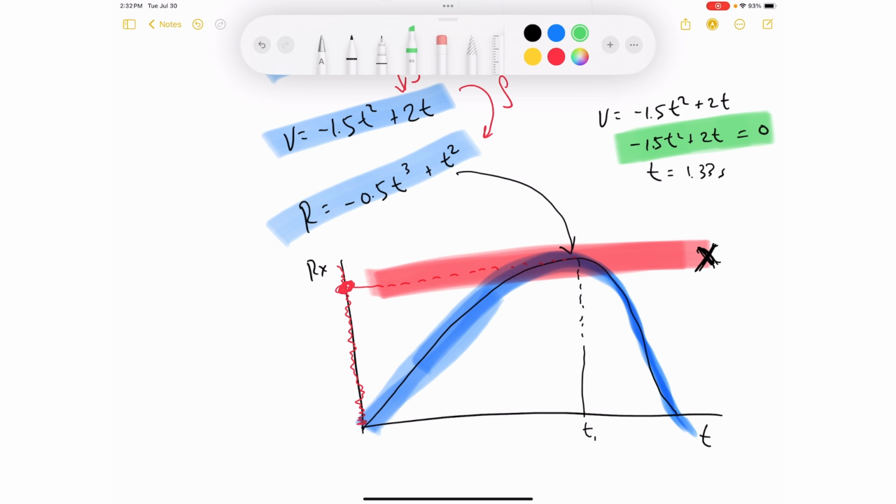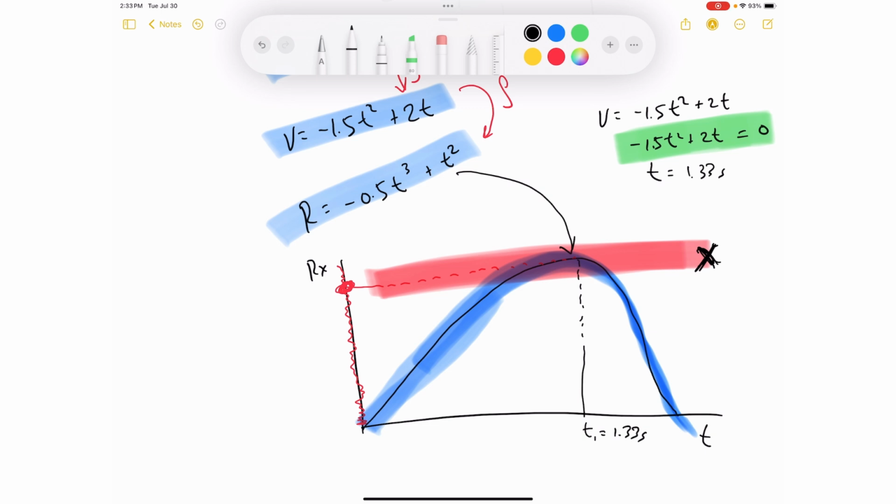Out pops t equals 1.33 seconds, the time at which the slope at the top is 0. And remember, the slope of the position function is velocity. Great, so now I know the time at the highest point is 1.33.